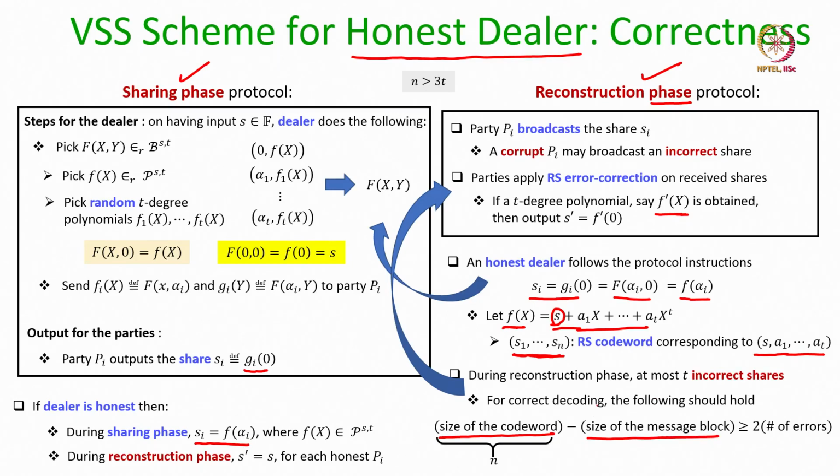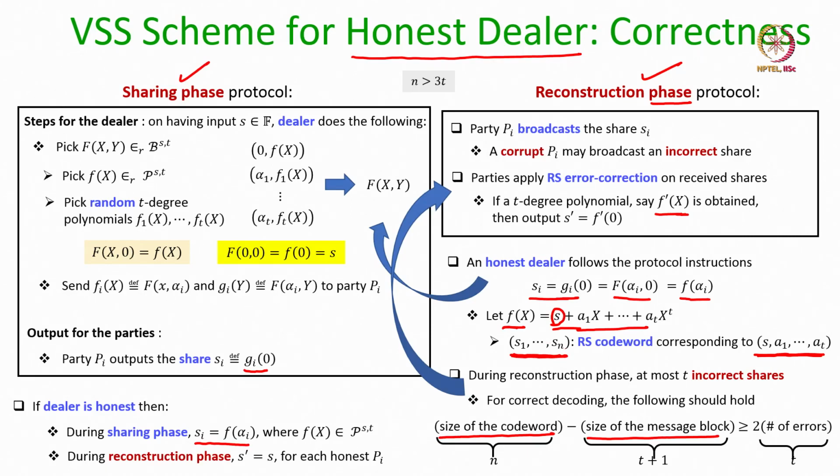Now, what is the size of the code word here? Namely, how many shares will be made public at the time of reconstruction? n shares, and those shares correspond to a Reed-Solomon code word, ideally corresponding to a message consisting of t plus 1 elements. And how many errors might be there among those n shares? At most t shares.